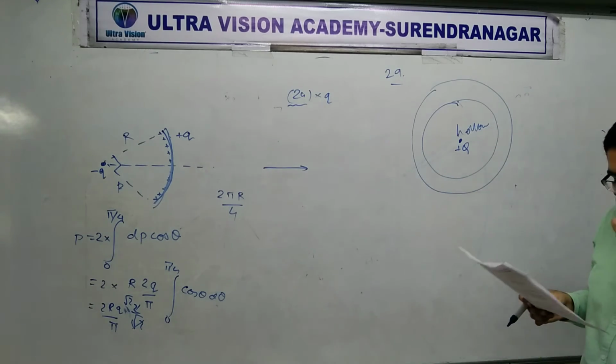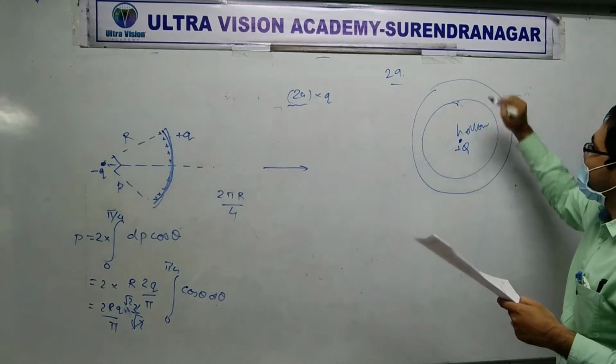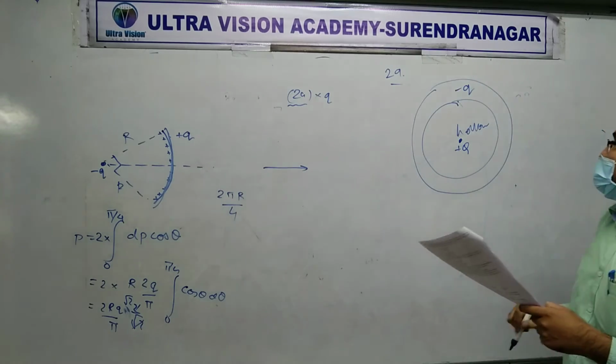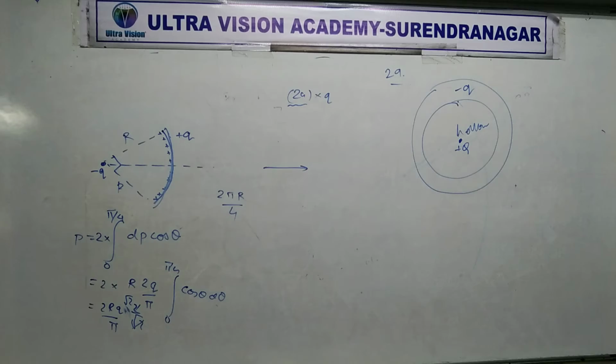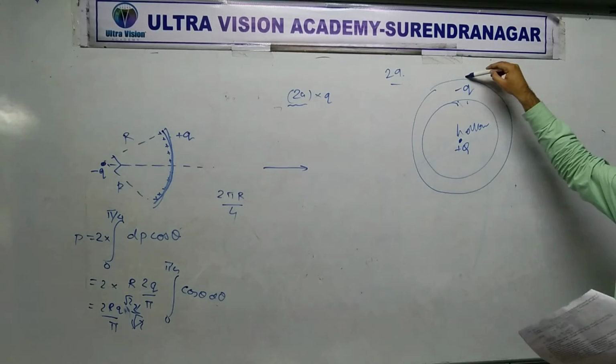Total charge minus Q is placed on the shell. So this whole shell together has how much charge? Minus Q. It will be either on the inner surface or on the outer surface. Charge minus Q is distributed on the surface. Some of it will go here, some of it will go out.